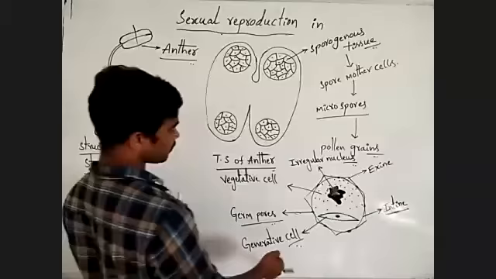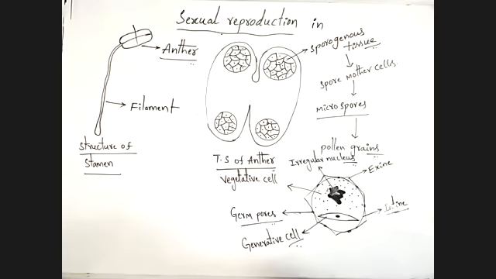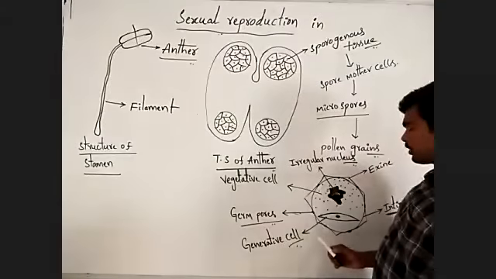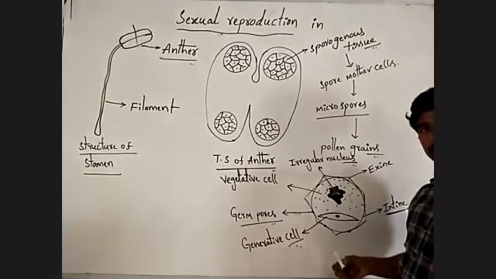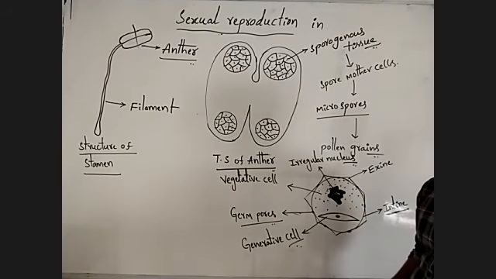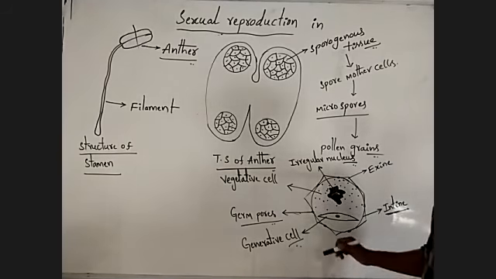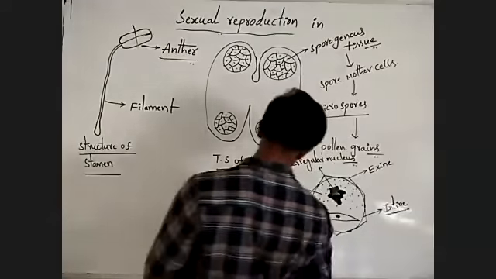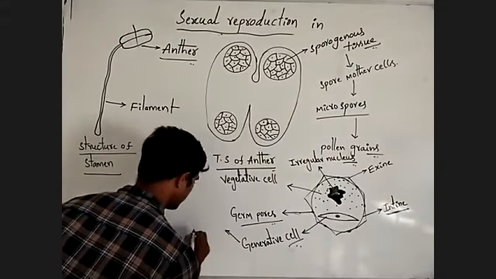It is a very important cell because during or after germination of the pollen grain, it undergoes mitotic cell division and forms two male gametes.